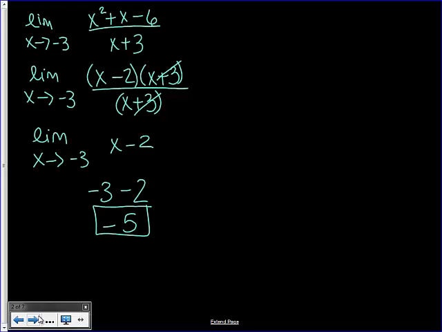Now, the next way we're going to look at evaluating limits is by rationalizing the numerator.